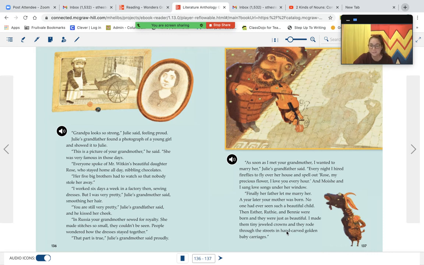But what I do think is true is he waited patiently for Julie's grandmother's father, so her great-great-grandfather, to say yes. And I do believe that that's when he had all his children after he married Julie's grandmother.